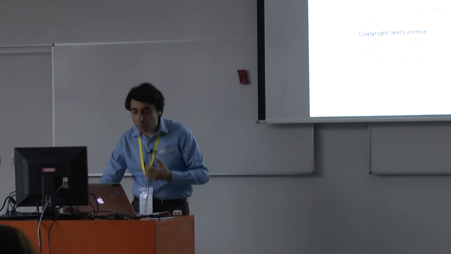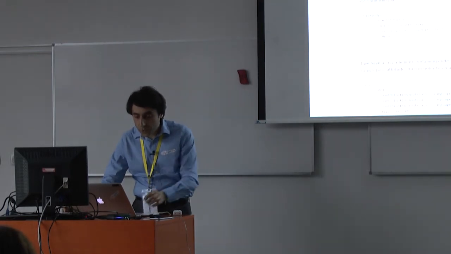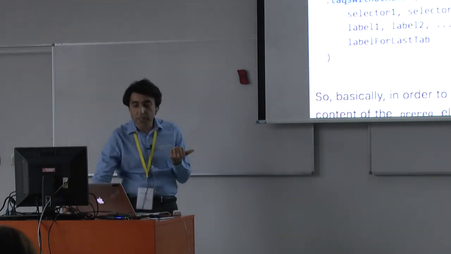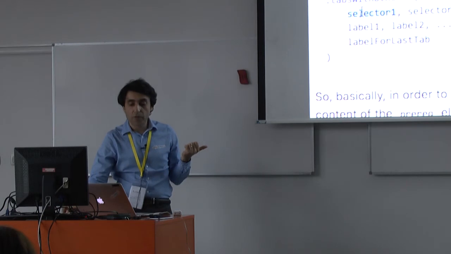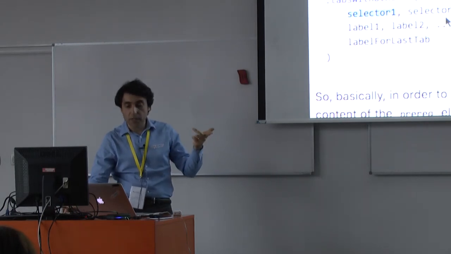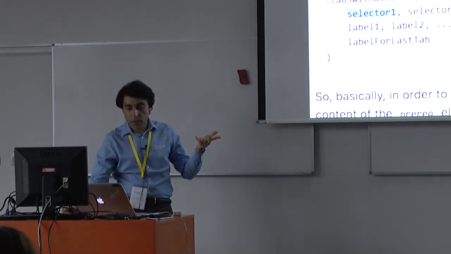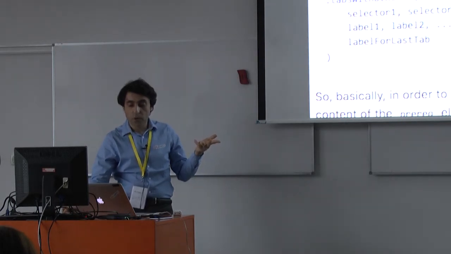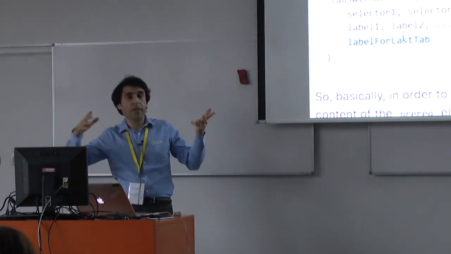From a user point of view, what you need to do is something like this. You say tabs with others, and you have the first element, the second element, the last element, and then you provide the labels for each of those tabs, and then the label for the others.